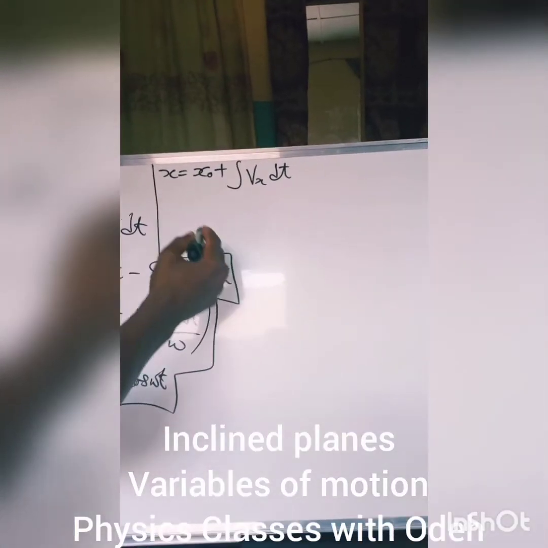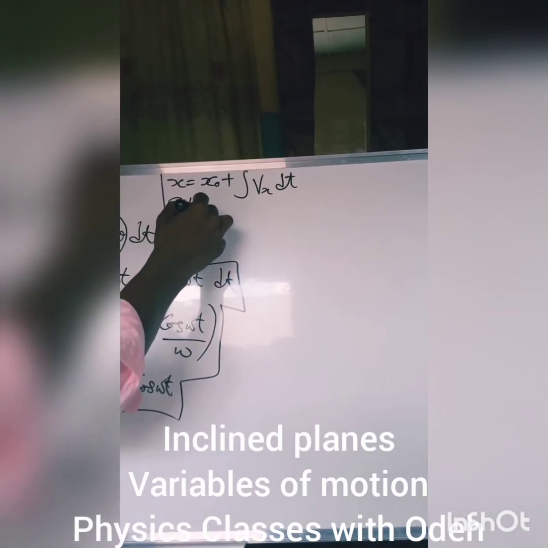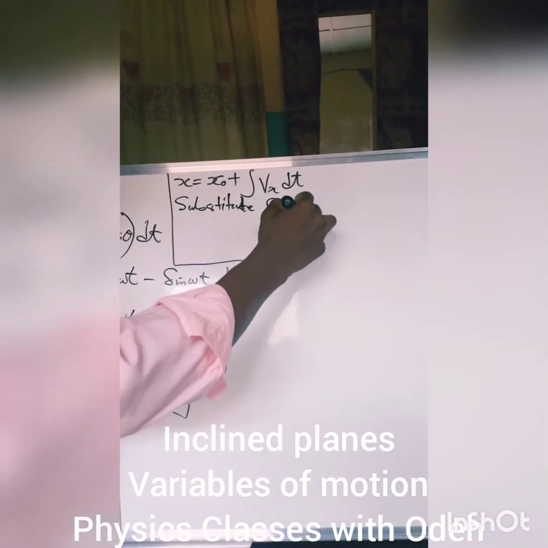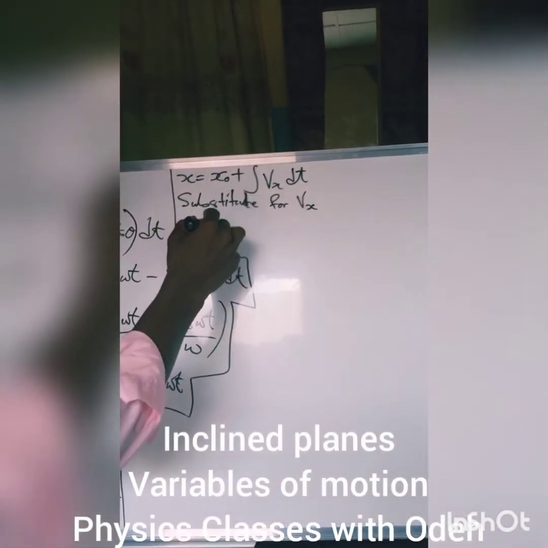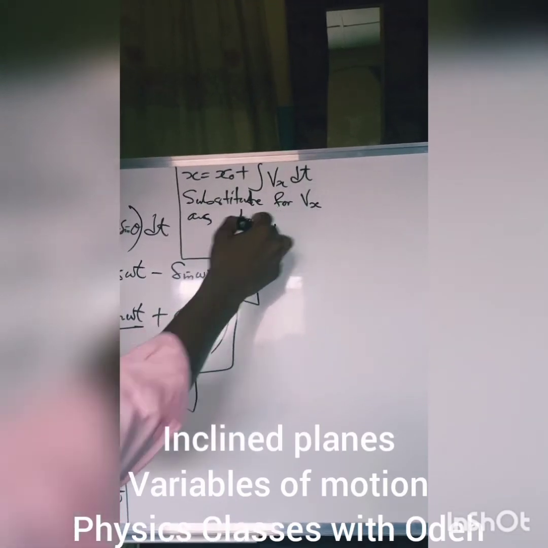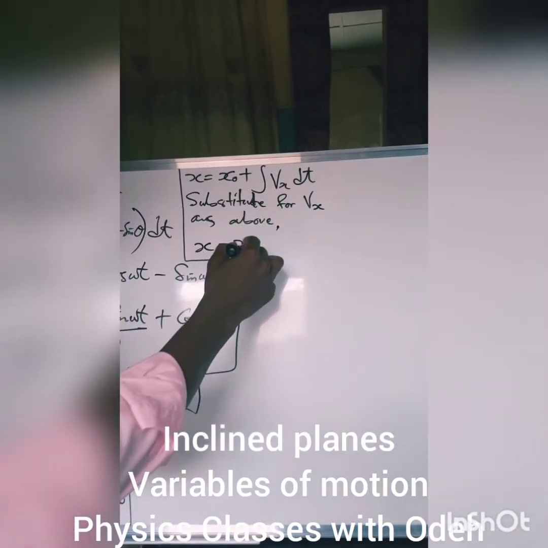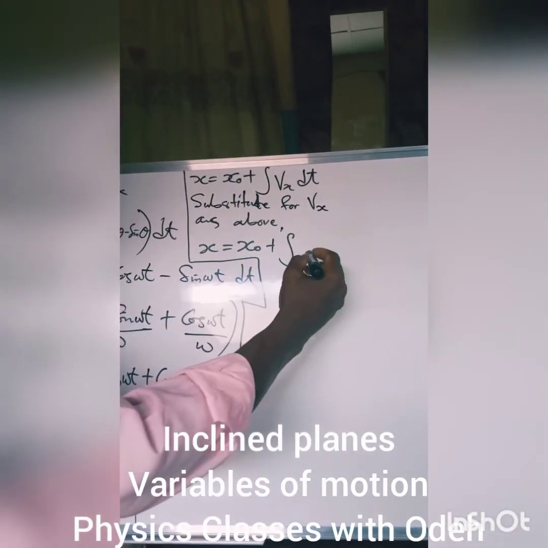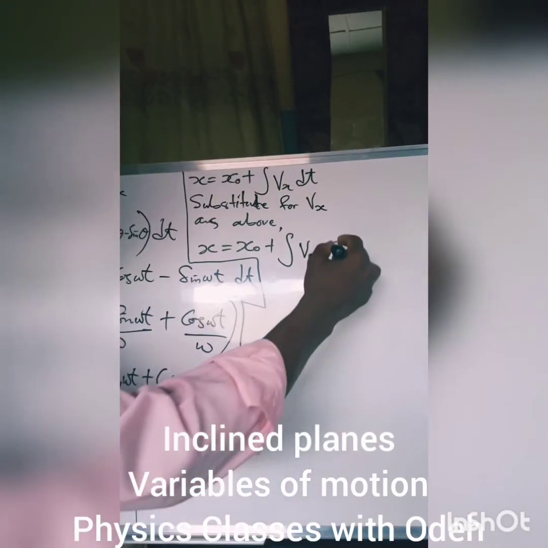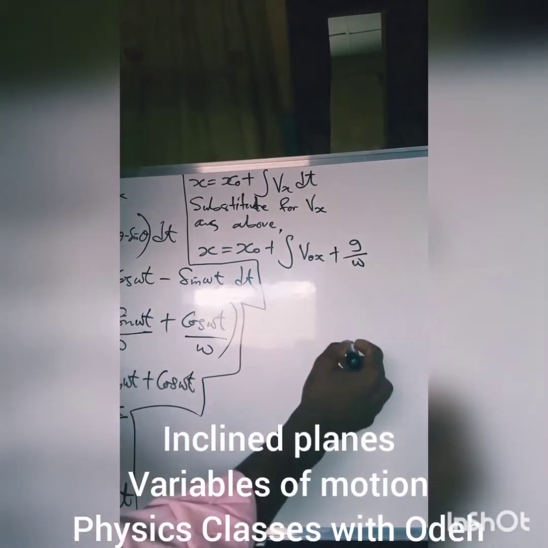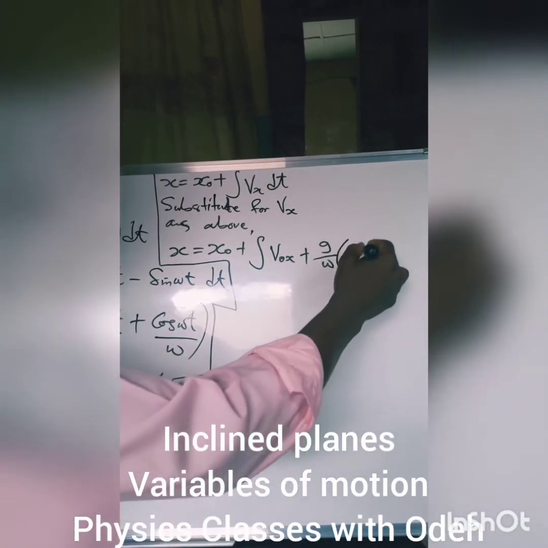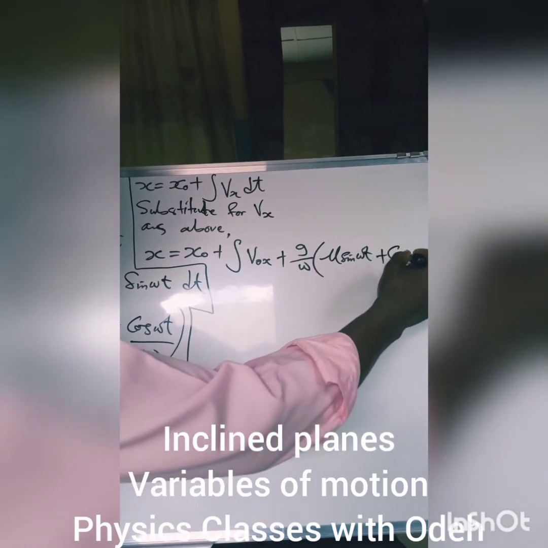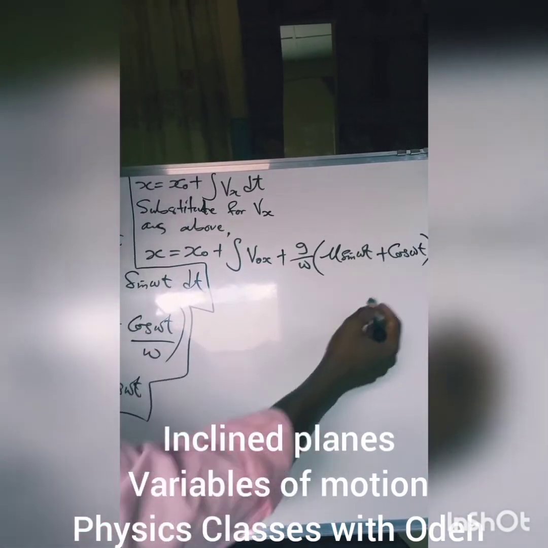Then we substitute for vx as above: x is equal to x naught plus the integral of v naught x plus g all over omega, bracket open, mu sine omega t plus cos omega t, dt.